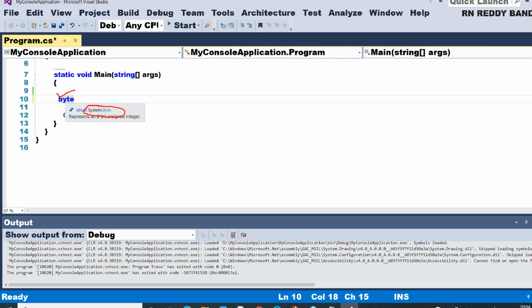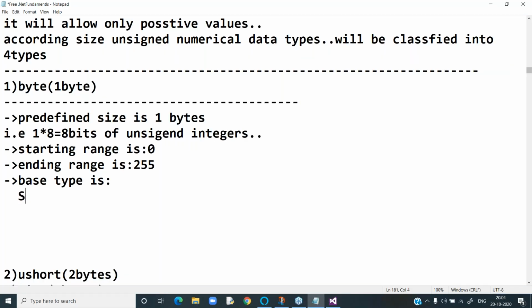You see, System.Byte. Over. Starting range, ending range and base type are over. Right. So now next, come back to our discussion.